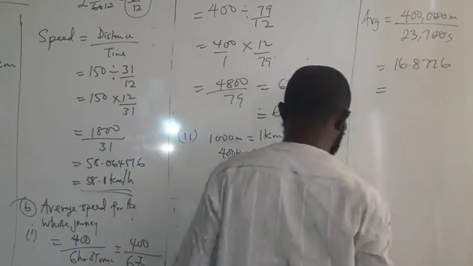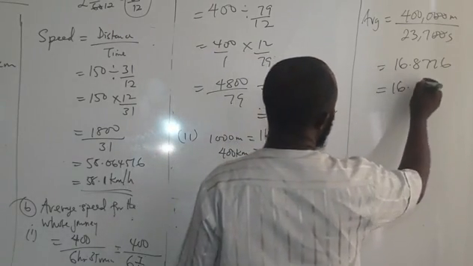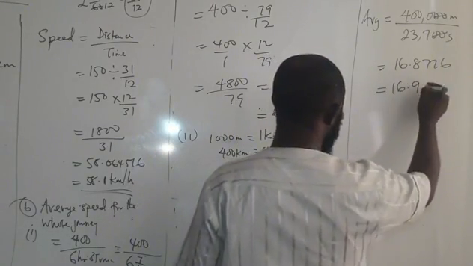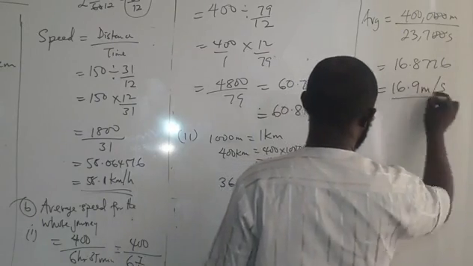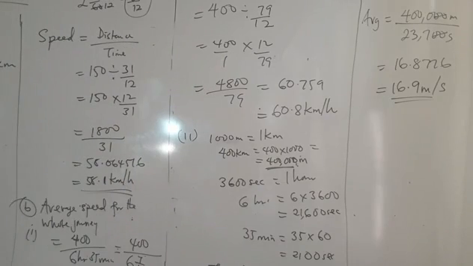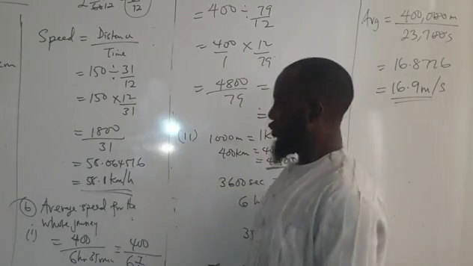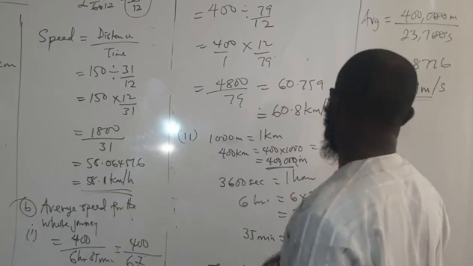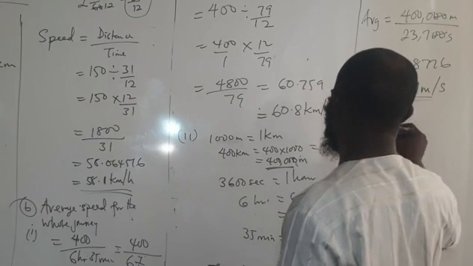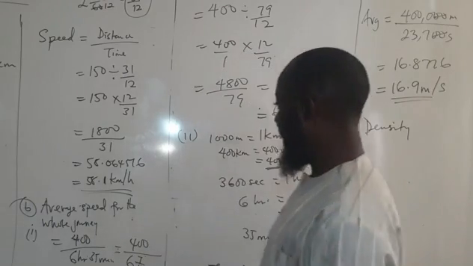So approximately, don't forget, in one decimal place, would be 16.9 meters per second. So that is the average speed of the whole journey. So just the same thing with what we have done. I think this is very clear. So we're now going to move to density, which should be the last part of our compound measure. I hope this is very clear.